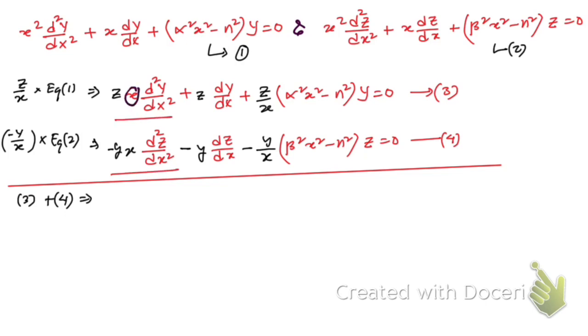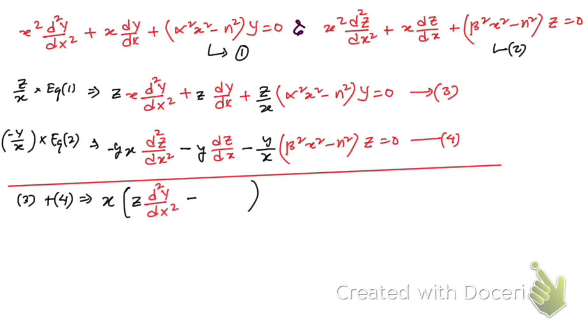Then if you take x common, then what we're gonna have x, and within bracket we're gonna have z into second order derivative of y with respect to x. That's what we're gonna have.